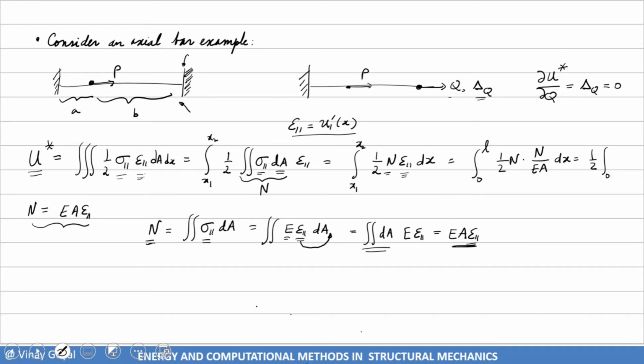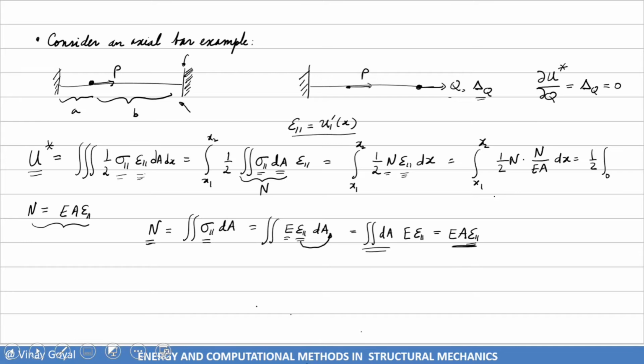It'll be cleaner that way. And then have 1/2 N squared over EA dx. Sorry again, having some computer issues. So that's what I get for U star.